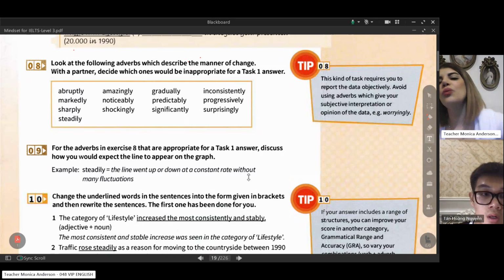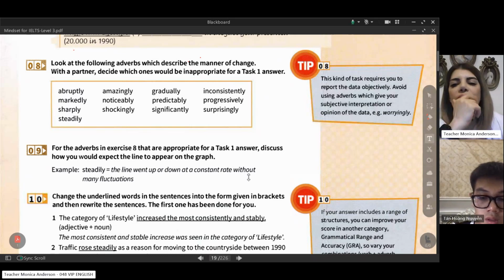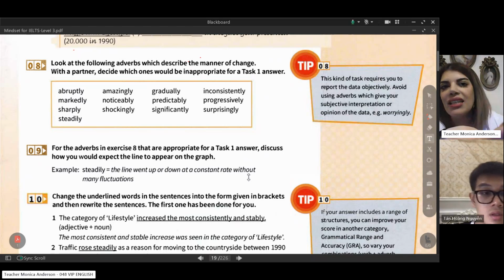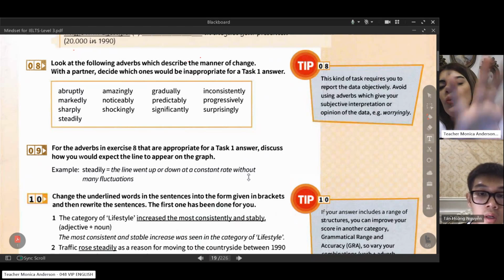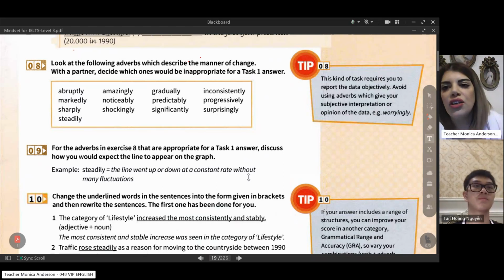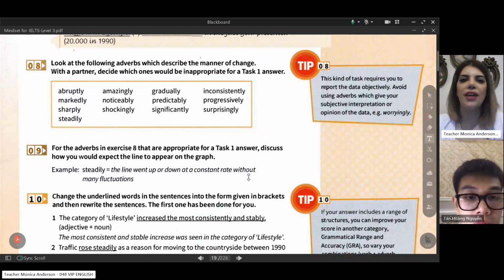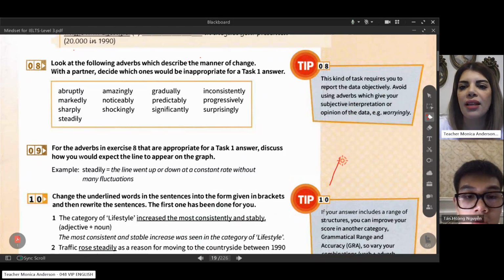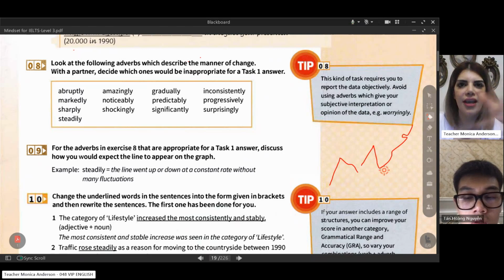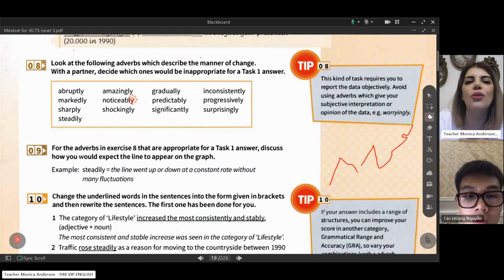Slow, consistent, we say progressively. And inconsistently, as I told you, the negative form of consistently, when the line changes in a way that doesn't demonstrate an obvious pattern. You can't follow the same pattern, it's really different. You can't predict, so you can use inconsistently.